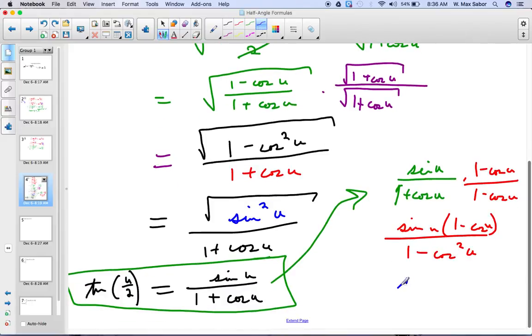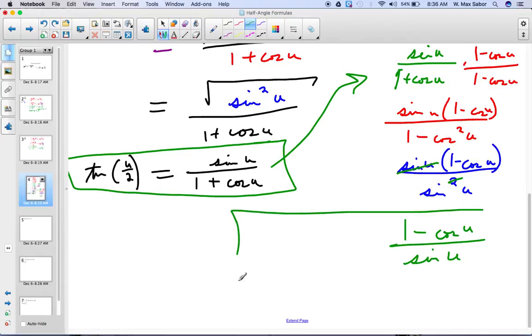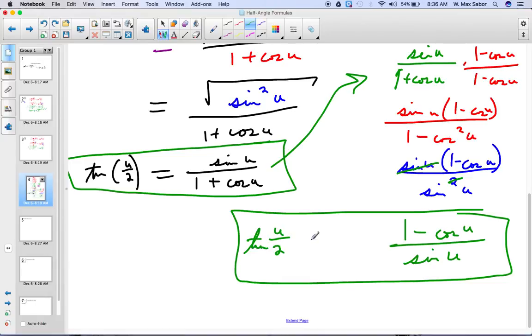So that becomes sine u times 1 minus cosine u over sine squared. A sine cancels out, and we get 1 minus cosine u over sine u. So this is also equal to tangent of u over 2. Tangent of u over 2 equals sine over 1 plus cosine, or 1 minus cosine over sine.